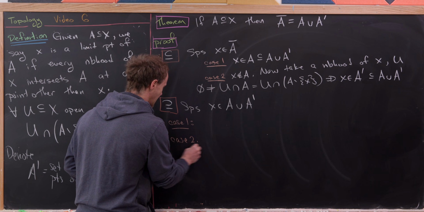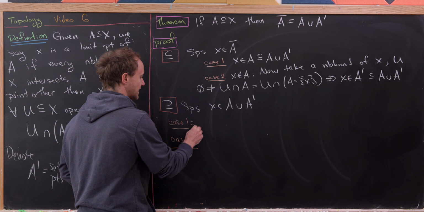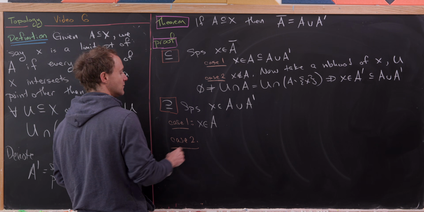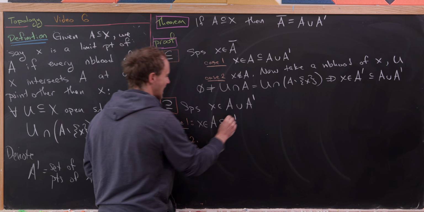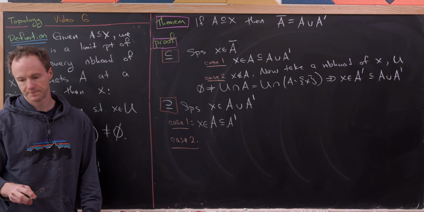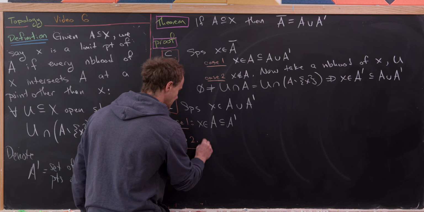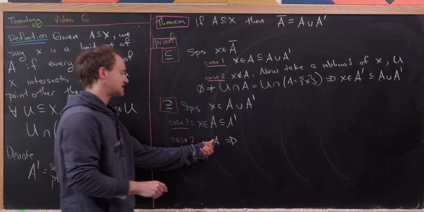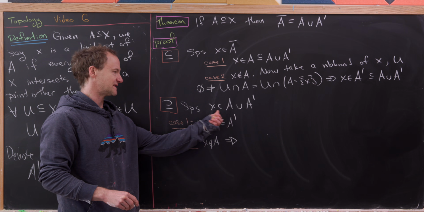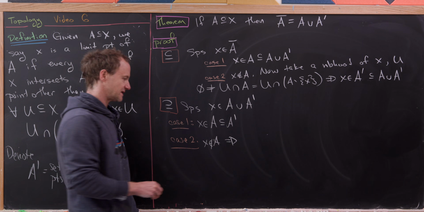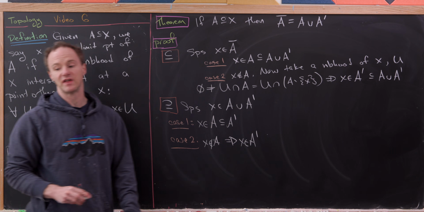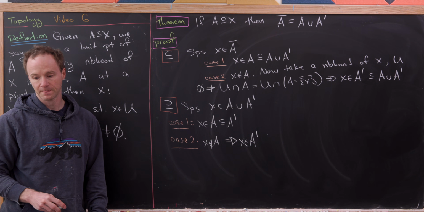So let's say case 1 would be the case if x is inside of A. But notice that A is a subset of A union A prime, so we're done there. So the next one will be x is not an element of A. But if x is not an element of A, but it's inside of A union the limit points of A, that means that x is an element of the limit points of A.